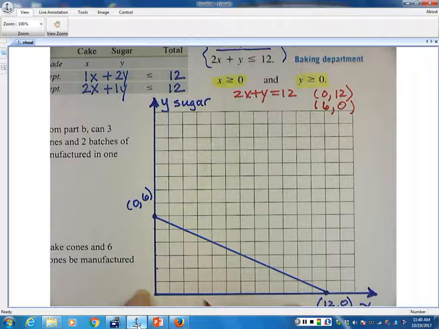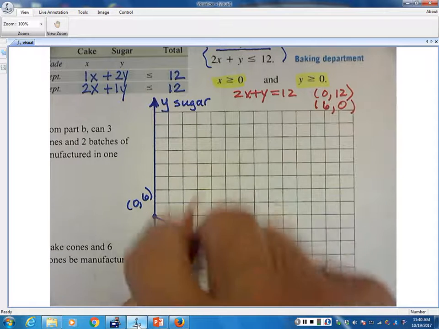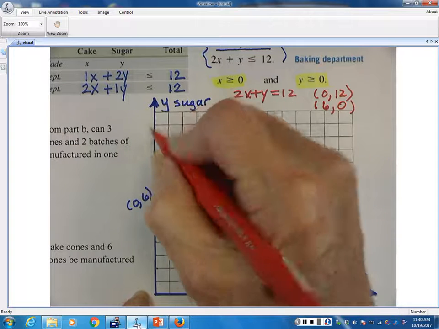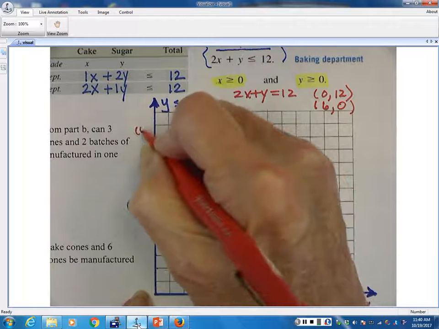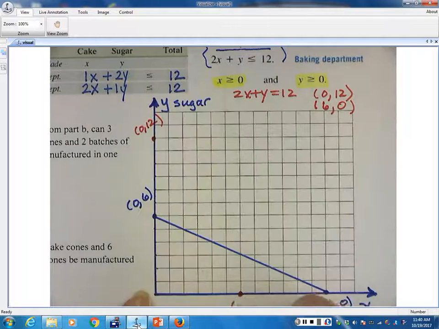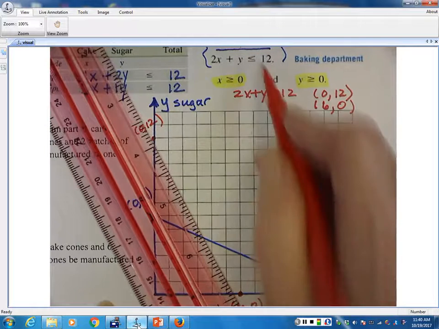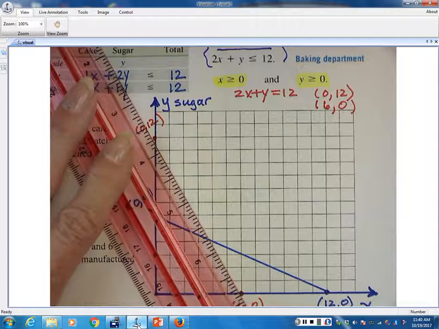So I have 6, 0 and I have 0, 12. And again, that's an equals to, so I'm going to make my line solid.